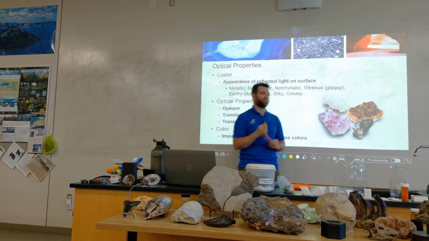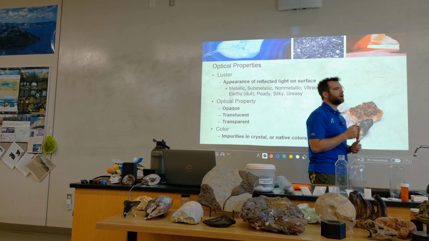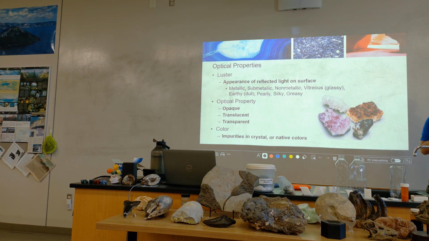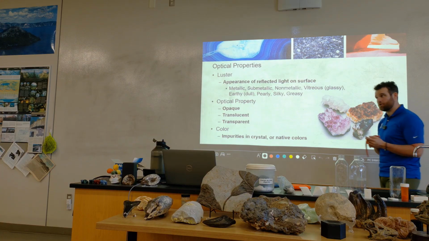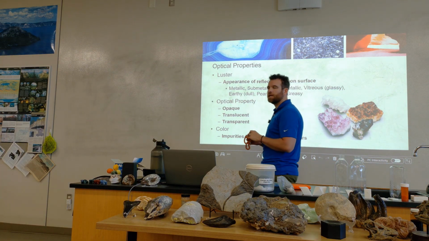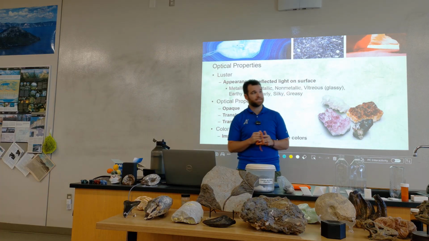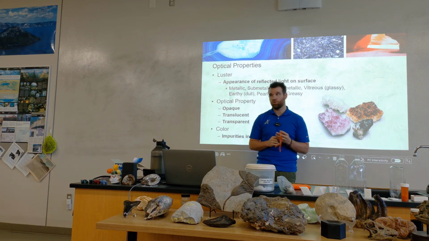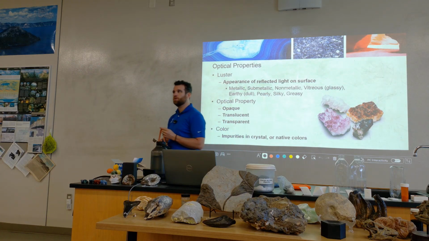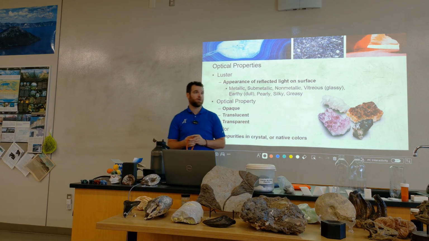And then there's color. Please be very, very careful when it comes to labs and describing color. Color is not a primary identifier. We do make note of it. It can be helpful as, say, a tiebreaker. But color is variable. I can have two minerals of the exact same type that are different colors.